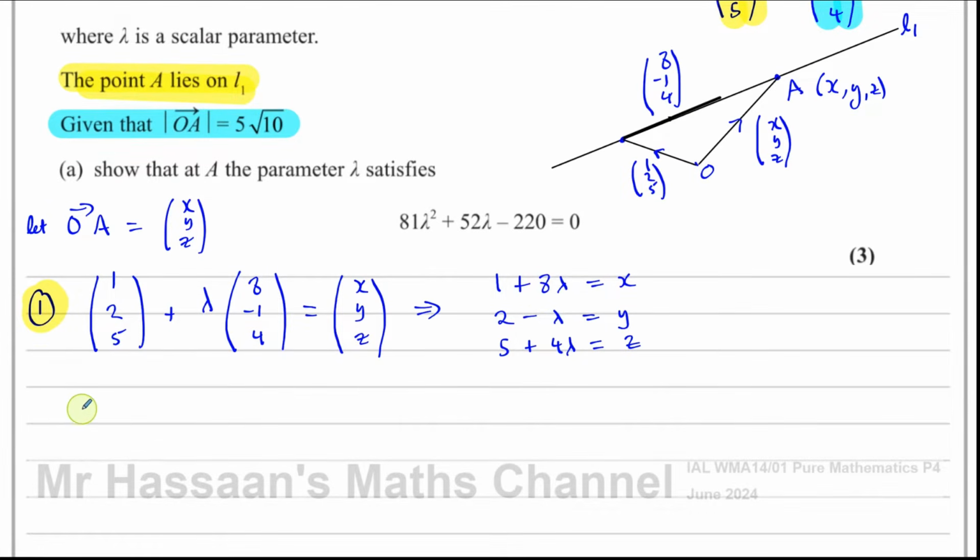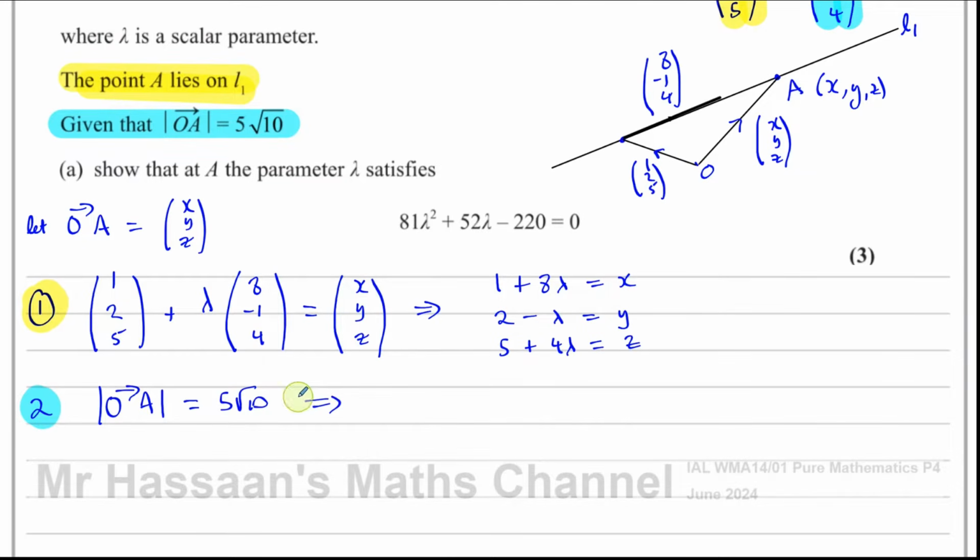Well, this is part 2, the second piece of information. I'm going to mark it like that. So now, the magnitude of O to A is equal to 5 root 10.